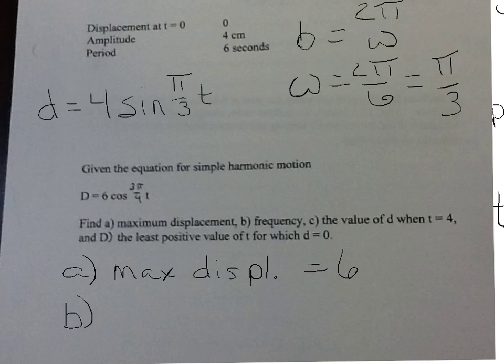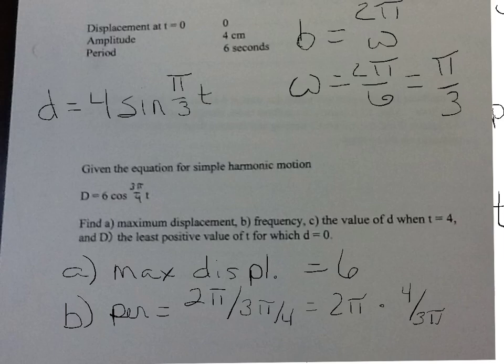In order to find the frequency, what could we do first? Find the period. Okay, so what is our period here going to be? 2 pi over 3 pi over 4, which is 2 pi times 4 over 3 pi.